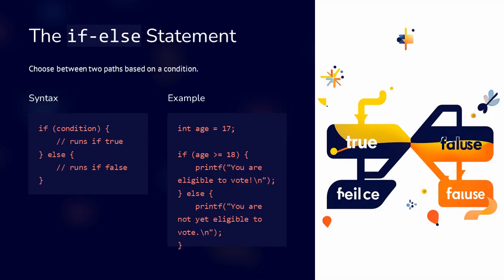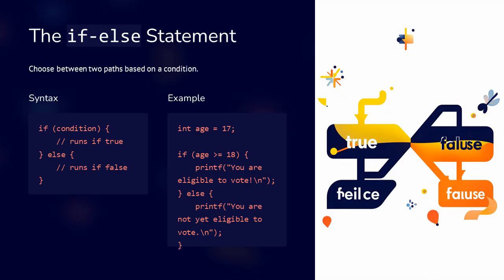If my age is 18 or more, then I am eligible to vote, else I am not eligible to vote. Initially the value given is 17. So if age >= 18, which means 17 >= 18.